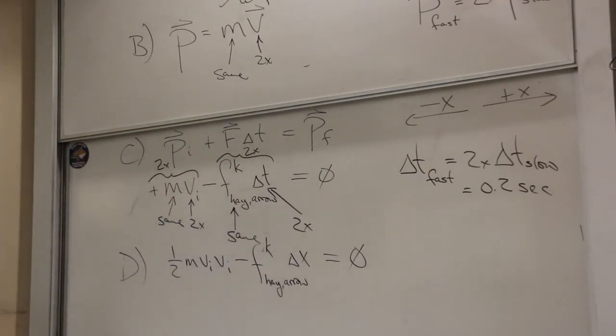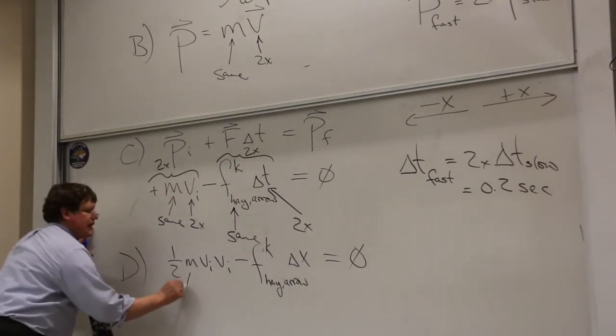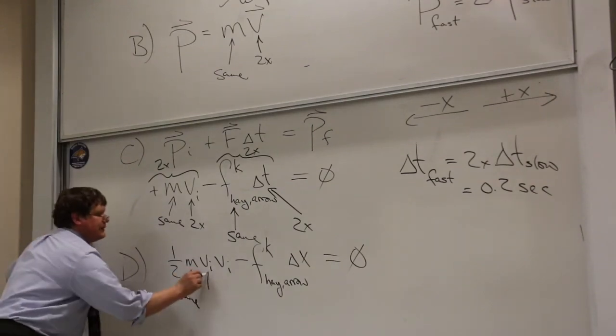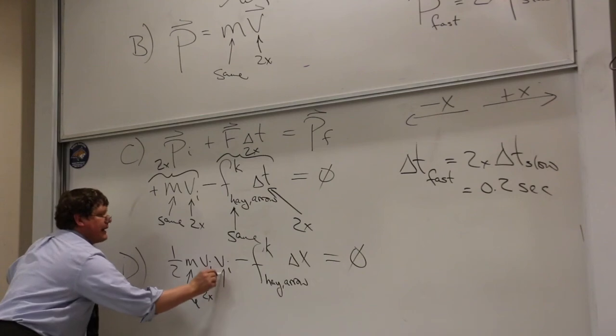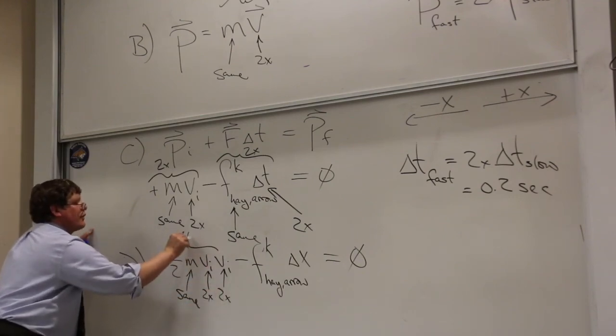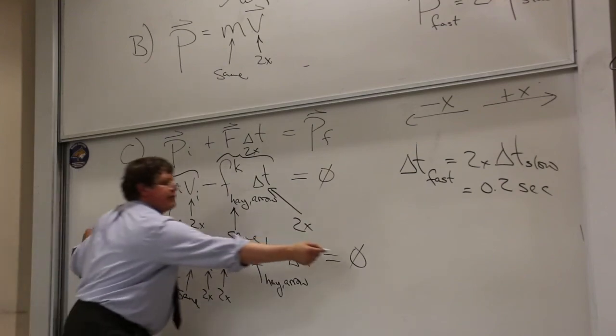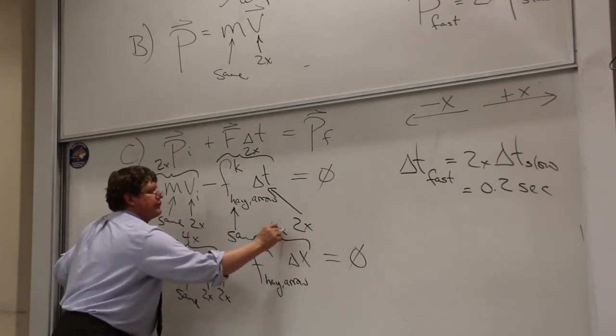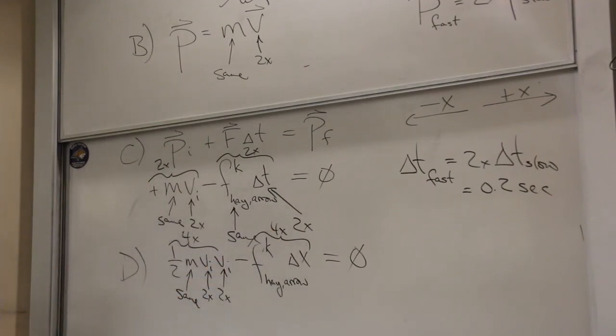We play the same game. It's the same arrow, so the same mass. The speed doubles here and here. So that means the kinetic energy gets 4 times bigger. In order for this to stay 0, the negative part of the equation must also get 4 times bigger.